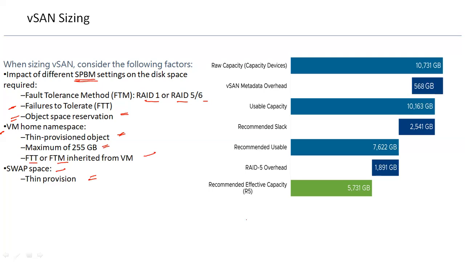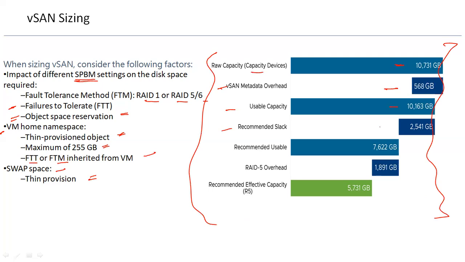On the right side, you can see an example where the raw capacity we took is approximately 10 TB of disk size. Out of 10 TB, the vSAN metadata overhead would be around 500 GB. This is the usable capacity you get, and this is the recommended slack space.